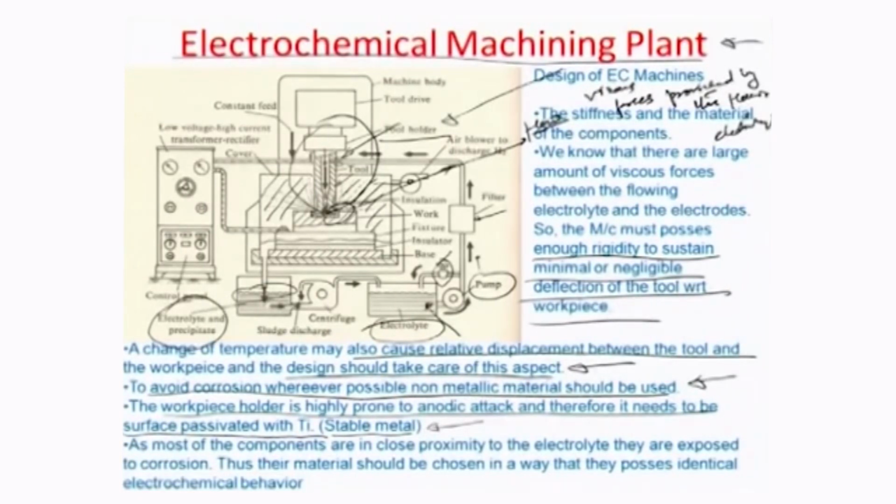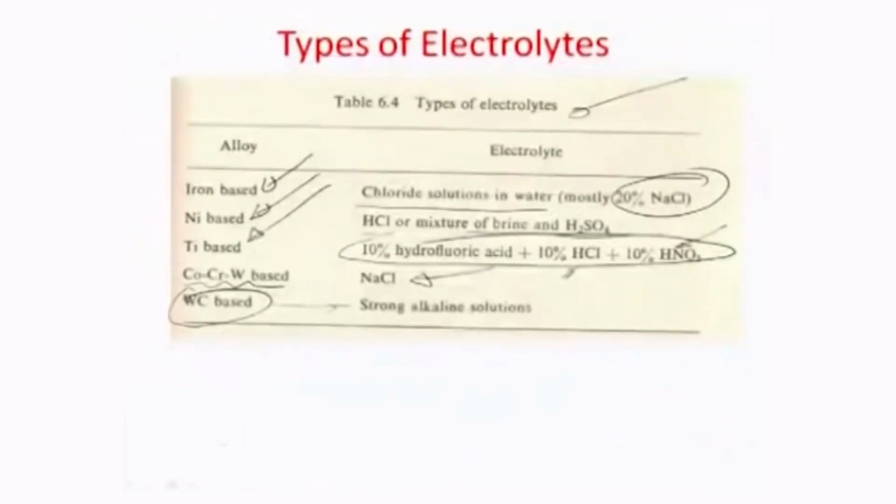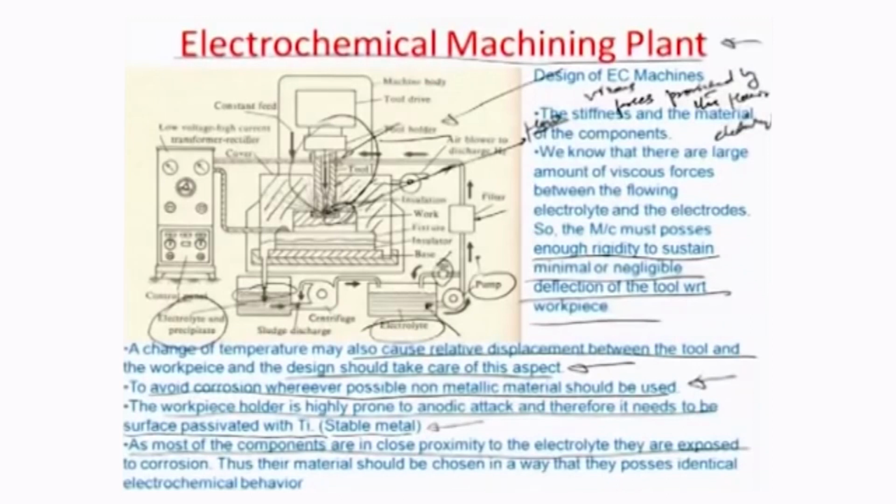As most of the components are in close proximity to the electrolyte, even they are exposed to corrosion. It is an electrochemical process, okay. So wherever there is an electrolyte and wherever there is a field, there is corrosion. So the material should be chosen in a manner so that identical electrochemical behavior comes from all these materials.